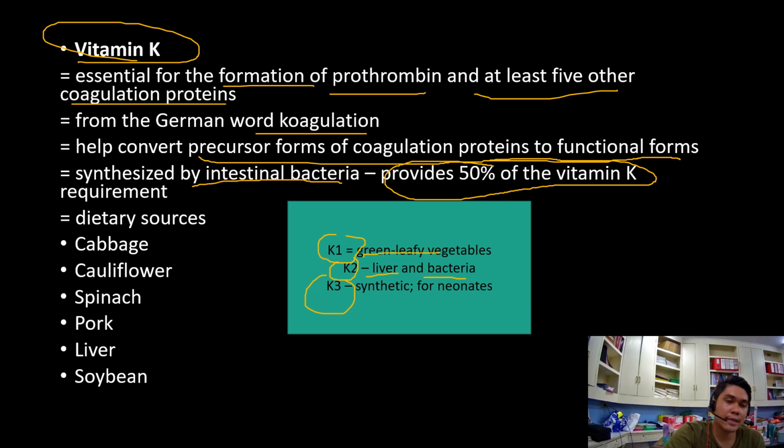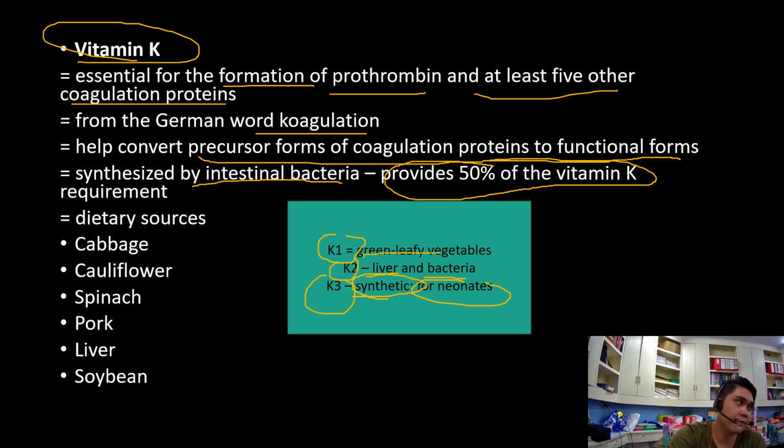And K3 is a synthetic one, and this is usually used in neonates because neonates or newborns are sterile. They have a sterile gut, no normal flora in their gut. So they'll have vitamin K deficiency. To avoid bleeding, that's why you need to administer vitamin K3 to newborns.